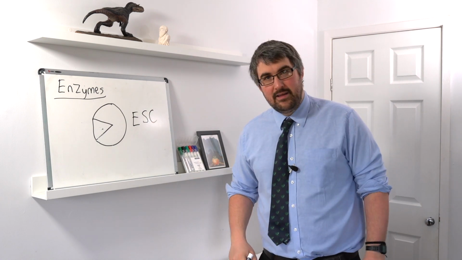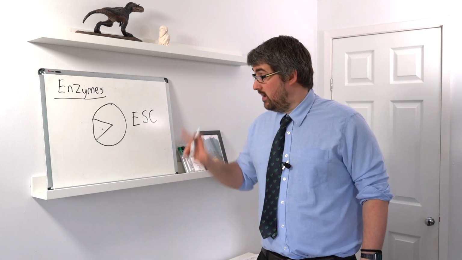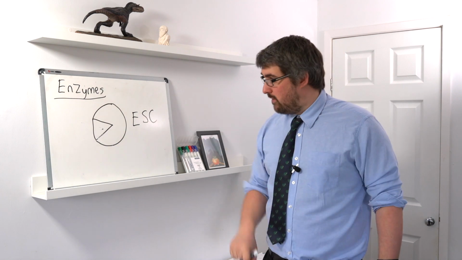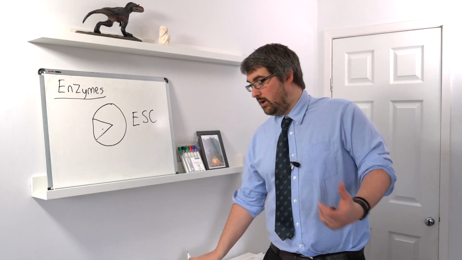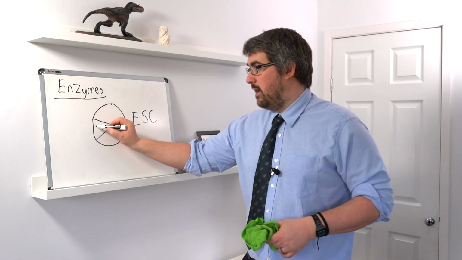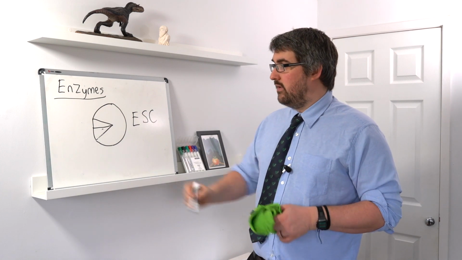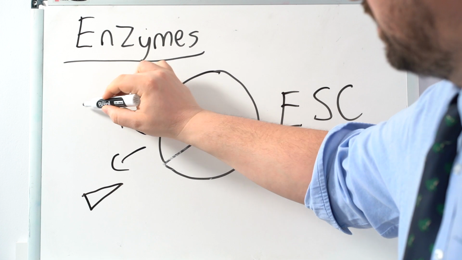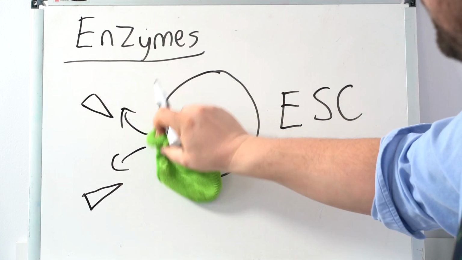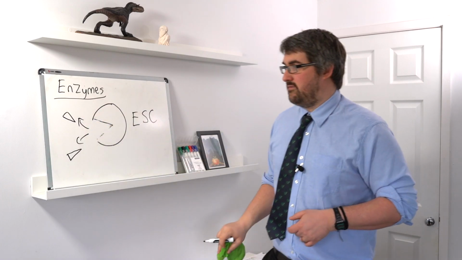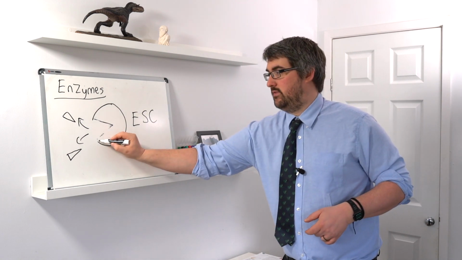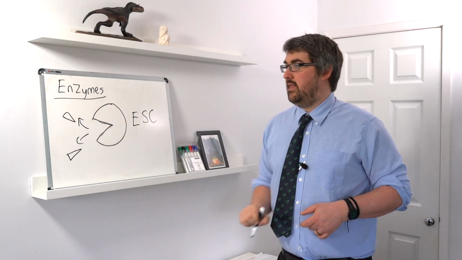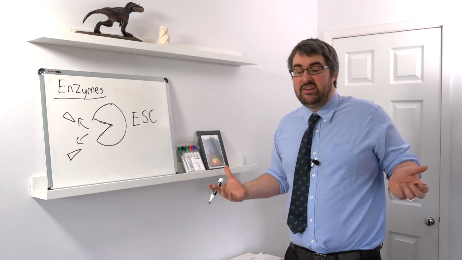Don't write ESC. The examiner's not necessarily going to know what it means. You and I do, but make sure you write it properly. So that enzyme substrate complex would form, and then it would break the substrate down and we would end up with our products from that reaction. Okay, so that's a very simple lock and key model. Let's fix Mr. Enzyme, like that. All right, for GCSE.